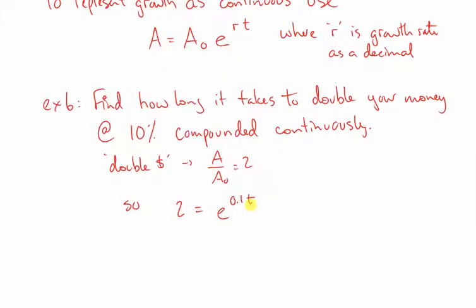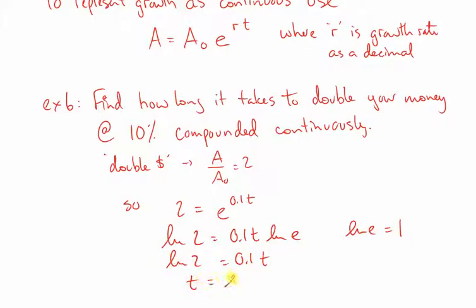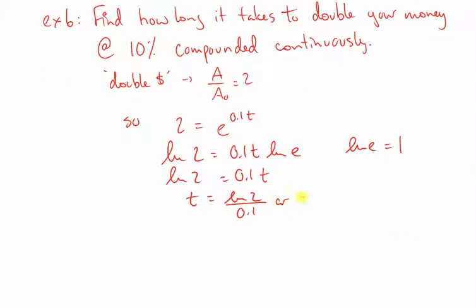Now, I have an unknown in the exponent, so I'm going to use logs. Because I see e, I'm going to use a natural log. So I'm going to use the power rule here, and I'm just going to write, as an aside, ln e equals 1, in the same way as log 10 equals 1. So ln 2 equals 0.1 t, t equals ln 2 divided by 0.1, or 10 ln 2, and I guess we can turn on a calculator.